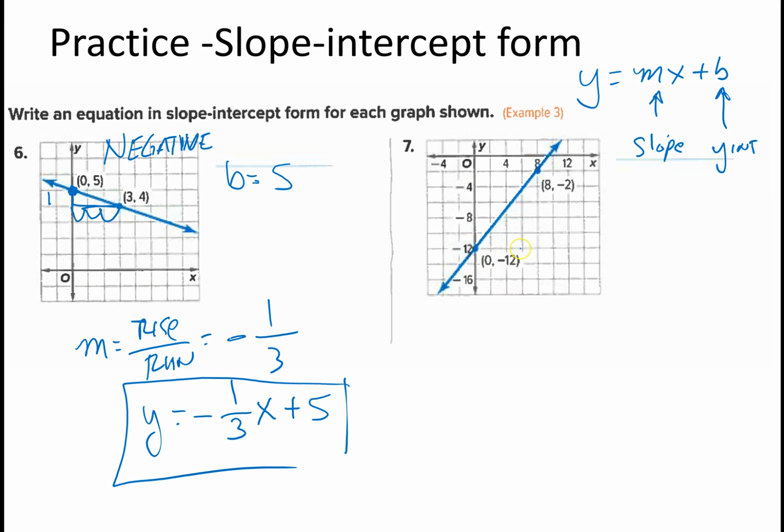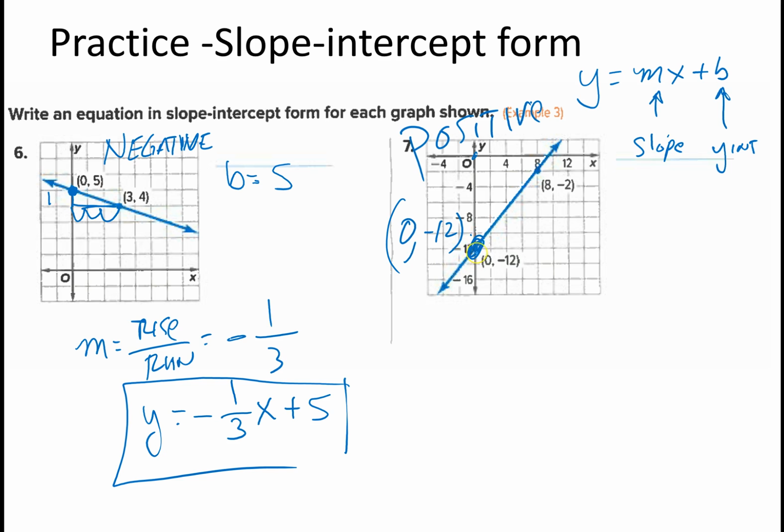Okay, here, my y-intercept is when x is 0, y is -12. That's my y-intercept, -12. My slope, I'm going to count my rise over my run. And this slope is positive.